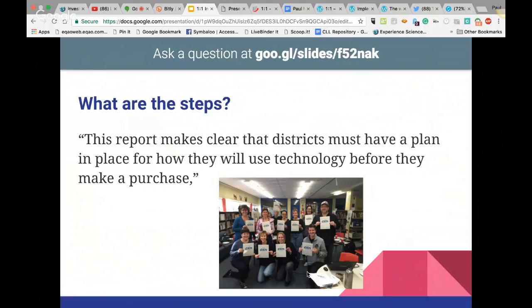The second part has to do with the teachers and training. And what's really important is that you do have some kind of a plan. It's really great if you have a plan at the district level, but that's not always going to happen. In our case, we had a plan at the school level, and here you see a picture of some of the staff at our school.